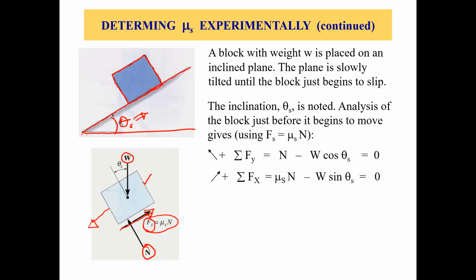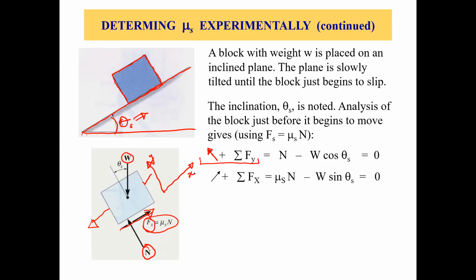Now, let's apply equations of equilibrium. Let's apply sigma Fy equals 0. This is taken in this direction because we are taking this as our coordinate axis. Let's take this as y, this is x. That's why we are taking sigma Fy in the y direction.